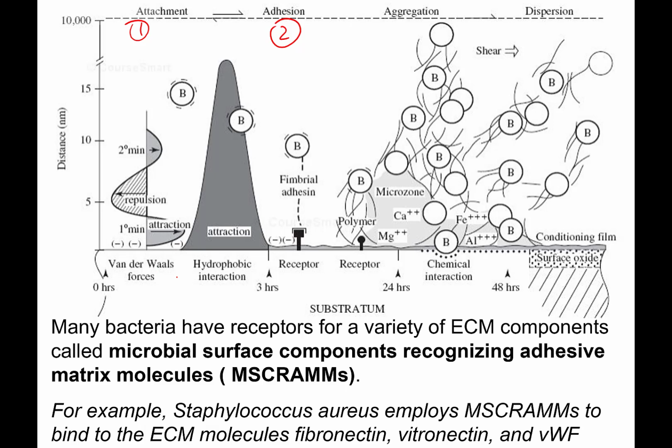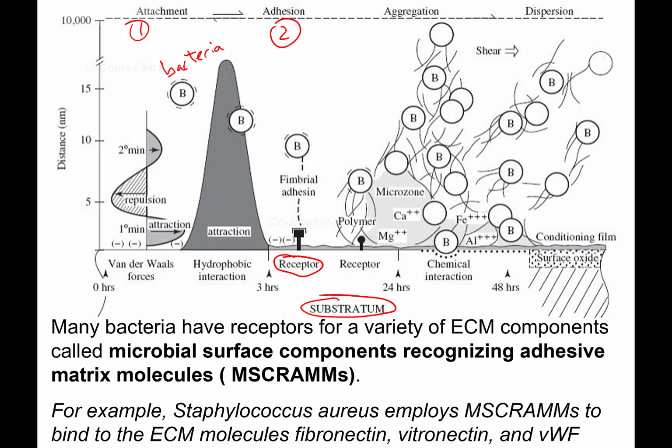So in this figure, B is a bacteria, and then we have our surface substratum down here on the bottom. That's our biomaterial. So bacteria gets close, we have the attachment and adhesion. So first non-specific interactions, and then adhesion, we get specific receptor-ligand interactions that facilitate that attachment.